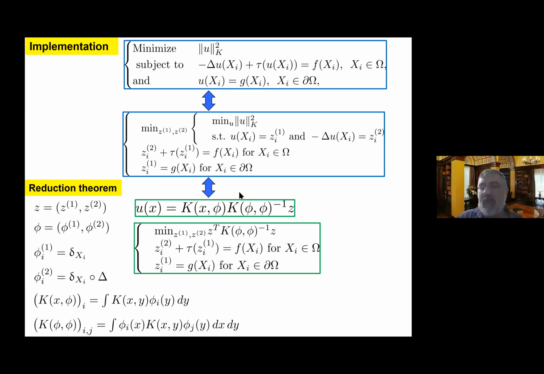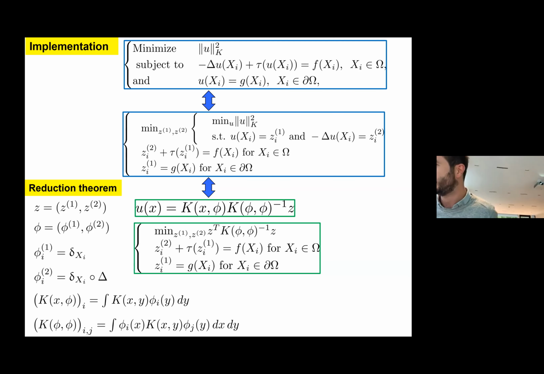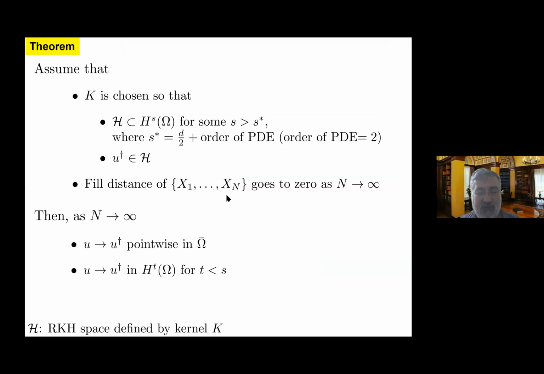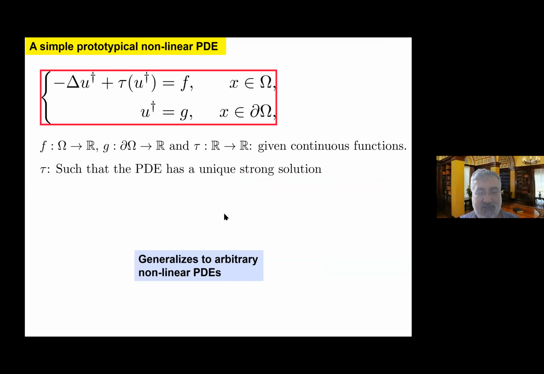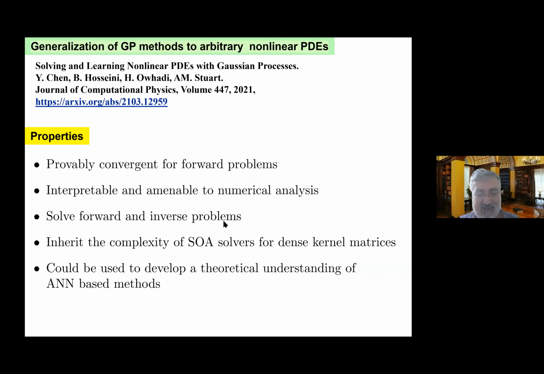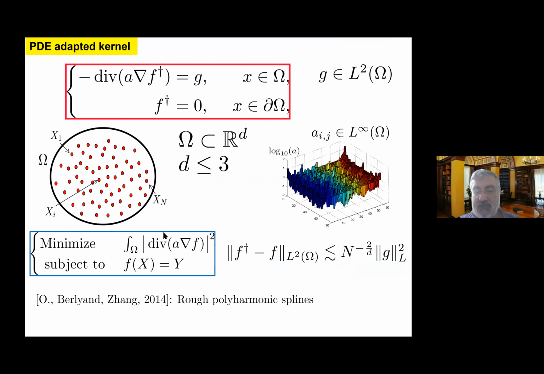By functional, do you mean kernel or do you mean something else? This I don't know. The L2 norm. The L2 norm. So that was before, I guess. I think the question is referring to this slide where we chose the L2 norm of the right-hand side.